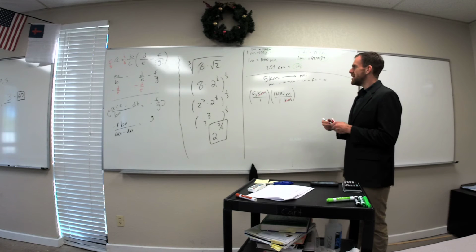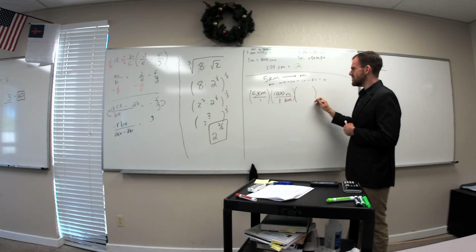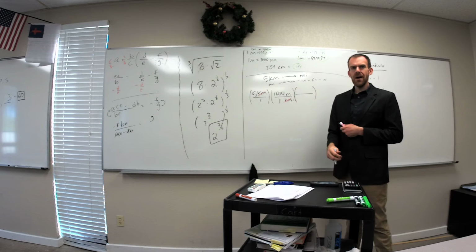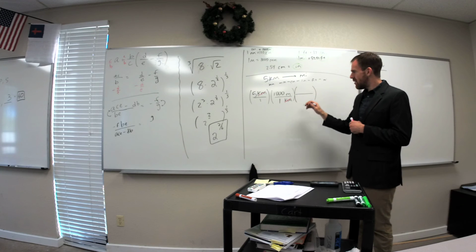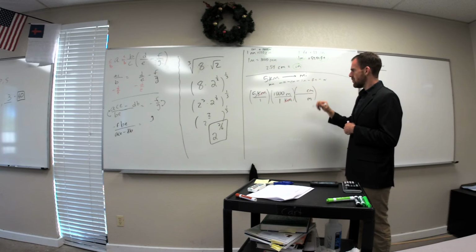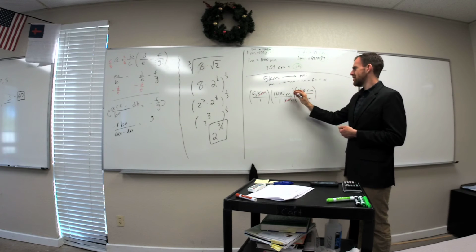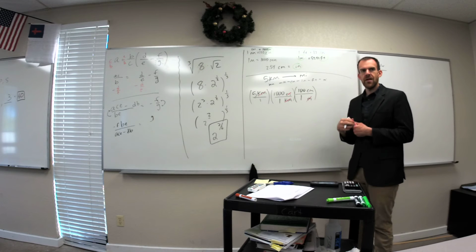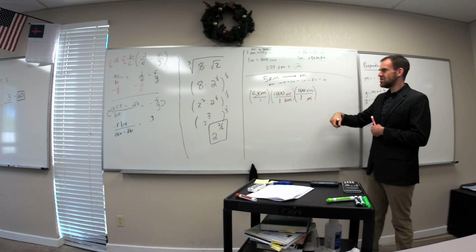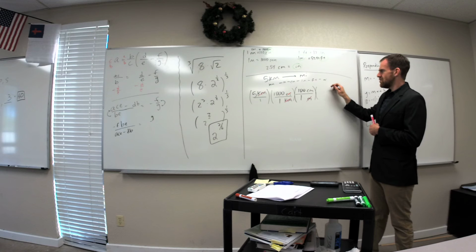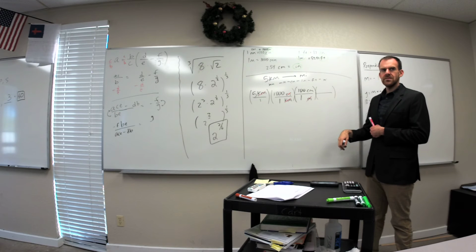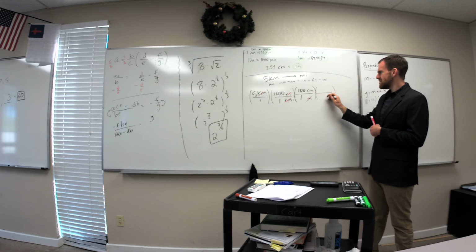Okay, now we have meters. We must go to centimeters. So if I have meters on top, I want them on the bottom so they cancel. So 100 centimeters, 1 meter, and I will cancel. Then I'm going to go from centimeters to inches. Which one goes on the bottom? Centimeters. Why? Because it must cancel.